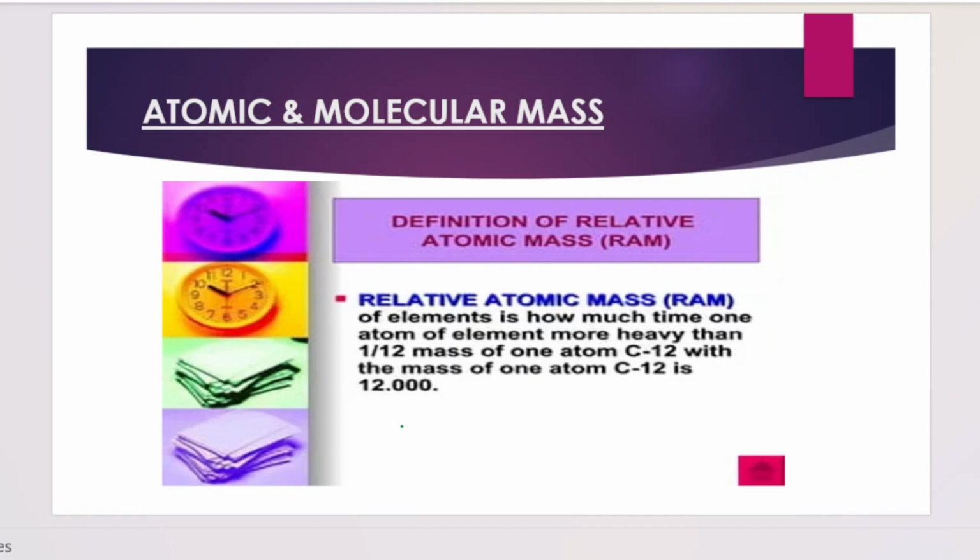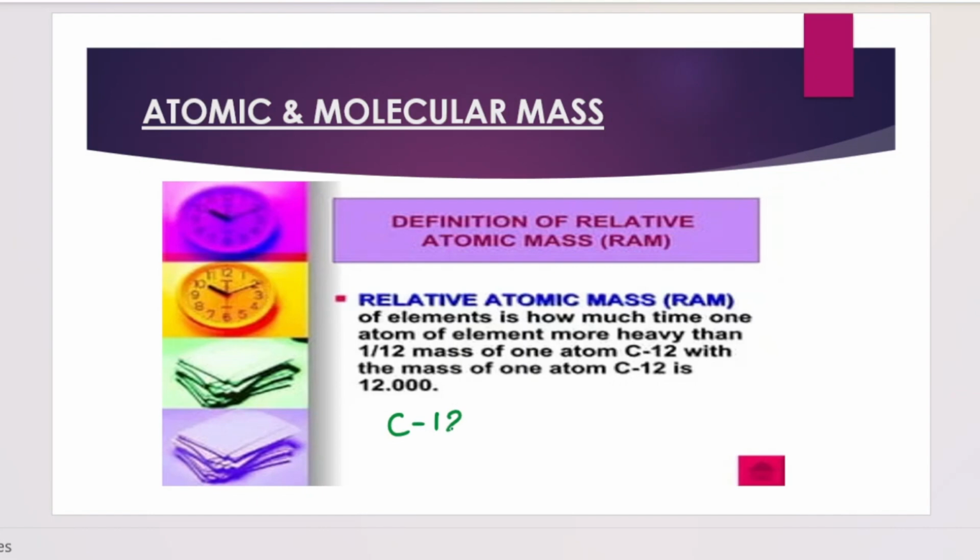of all the atoms of other elements with 1/12 mass of C12. The C12 atom is the isotope of carbon.